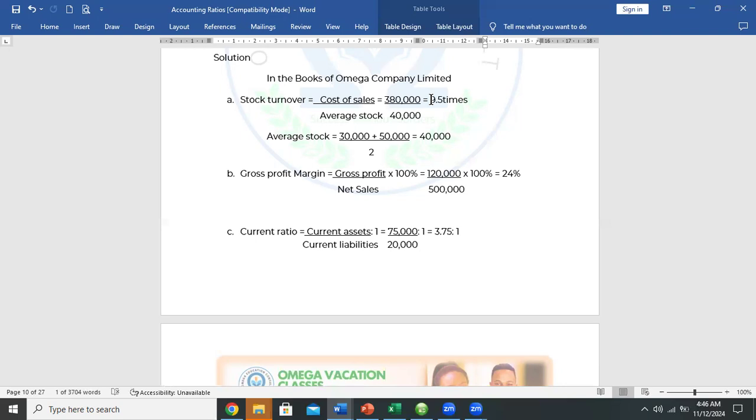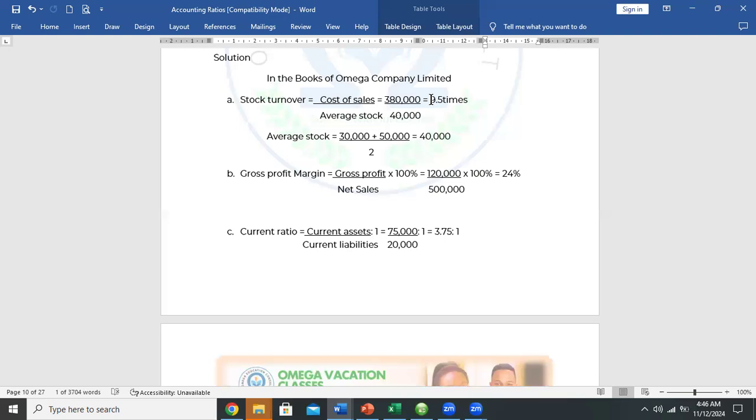It's not bad, but until you compare with another, you can't really make any meaningful comparison, right? So let's say there are some questions that they will ask you to prepare for a particular year and another year. I think this year's WASSCE was like that. They prepared for 2 years.